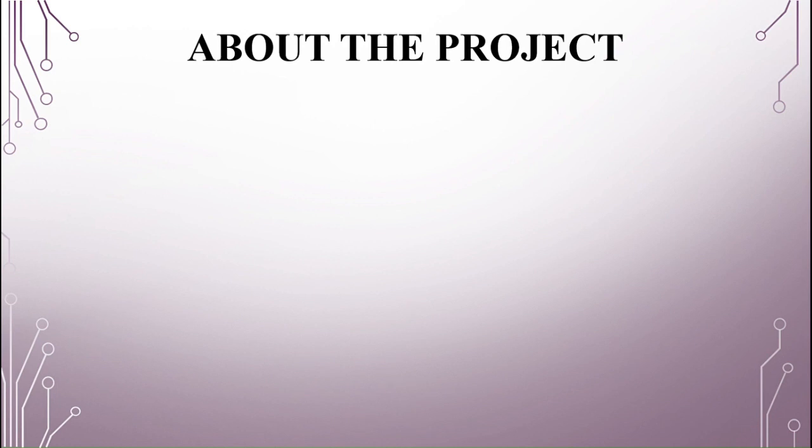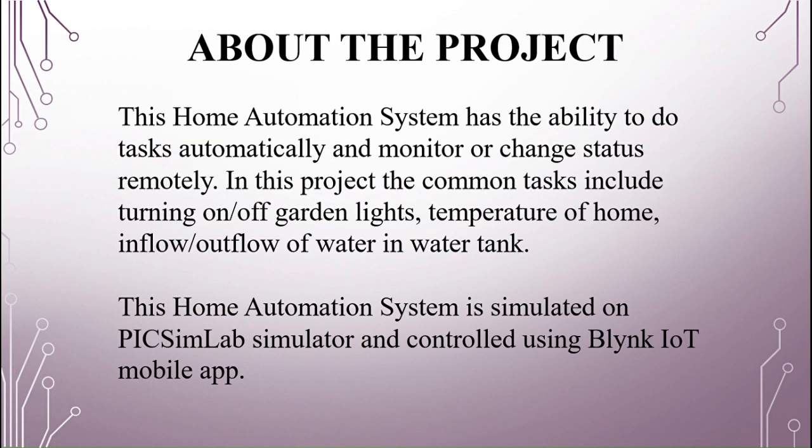Okay, next now we go into the project. A little description about the project, what we have implemented and what the aim of the project is. This is a home automation system that has the ability to do tasks automatically and monitor or change status remotely.